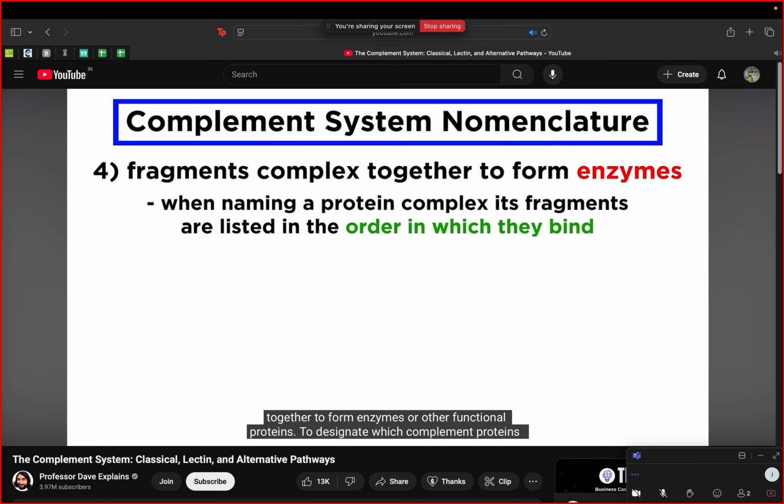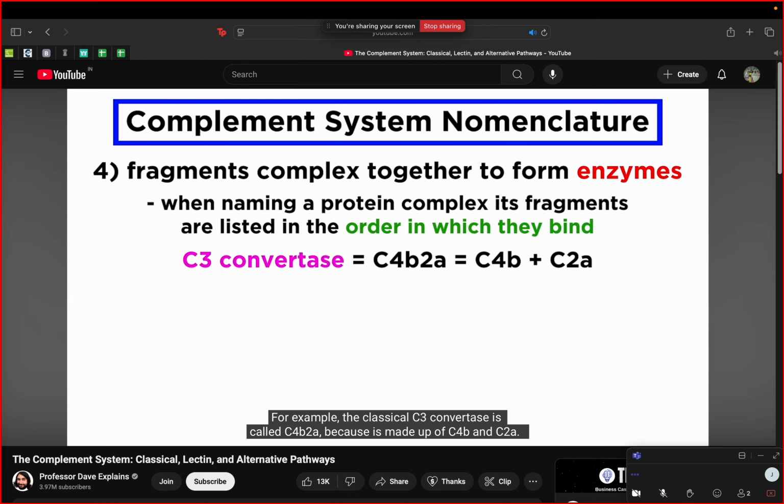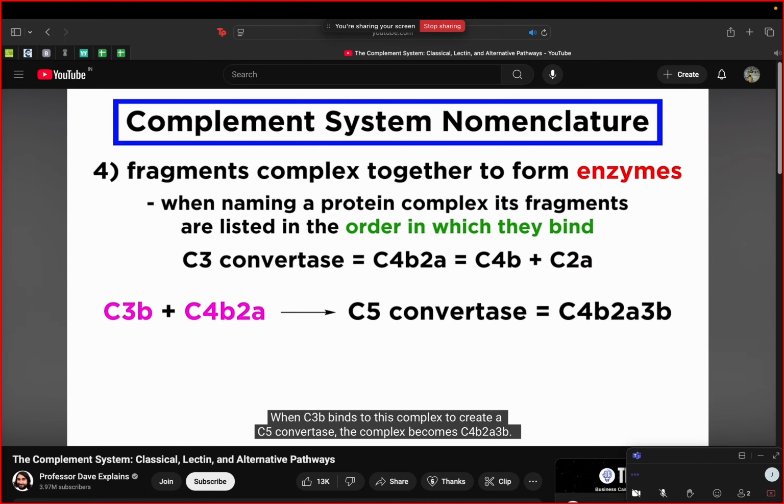To designate which complement proteins make up a complex, the names of the proteins are strung along in the order in which they bind. For example, the classical C3 convertase is called C4b2a because it is made up of C4b and C2a. When C3b binds to this complex to create a C5 convertase, the complex becomes C4b2a3b.